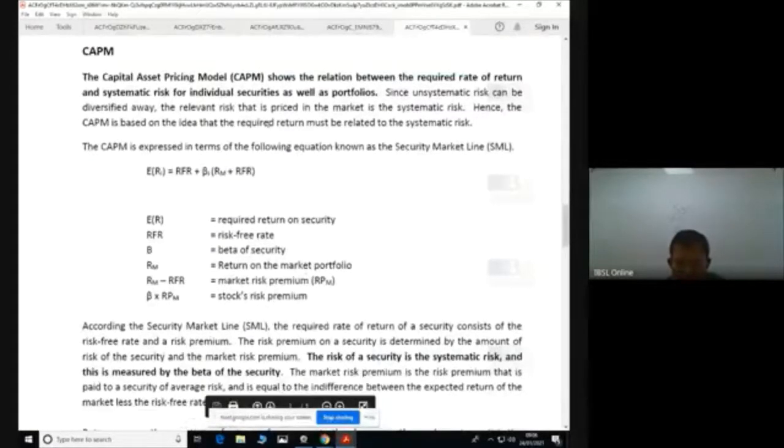And also remember, in the exams, market return minus risk-free rate. Anything you pay, for example, now see, treasury bill 1 year, we say it's 5%, which is a risk-free investment.